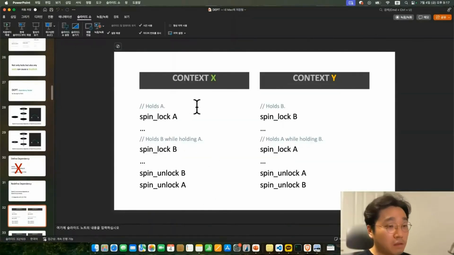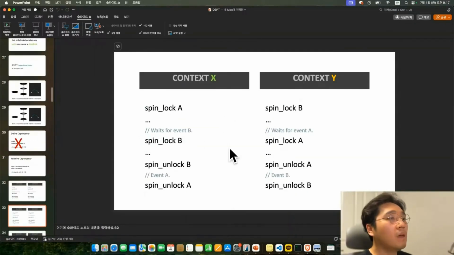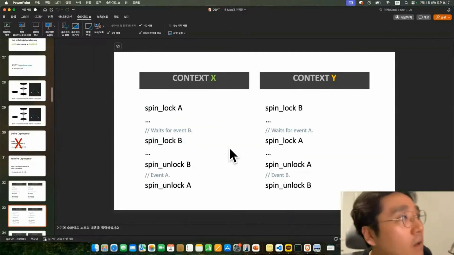So this is the definition from Lockdep. Hold A, hold B, right? So context Y wants to hold A, but it is held by context X, and vice versa. So A, B, B, A: deadlock. But we redefined this concept.